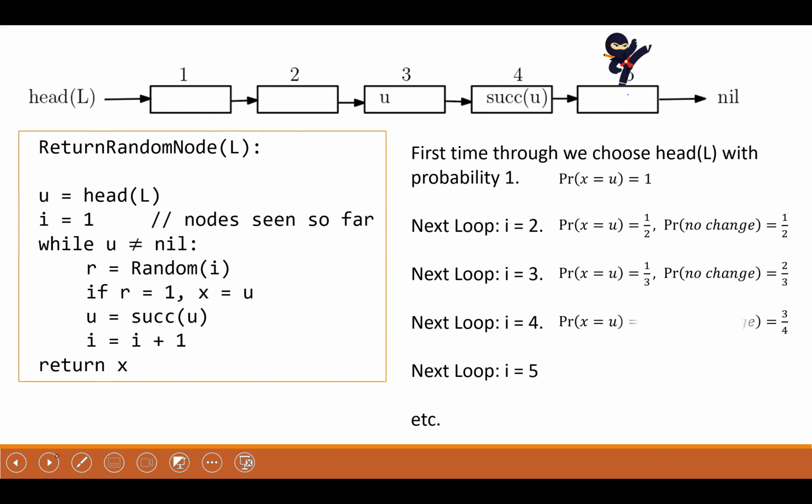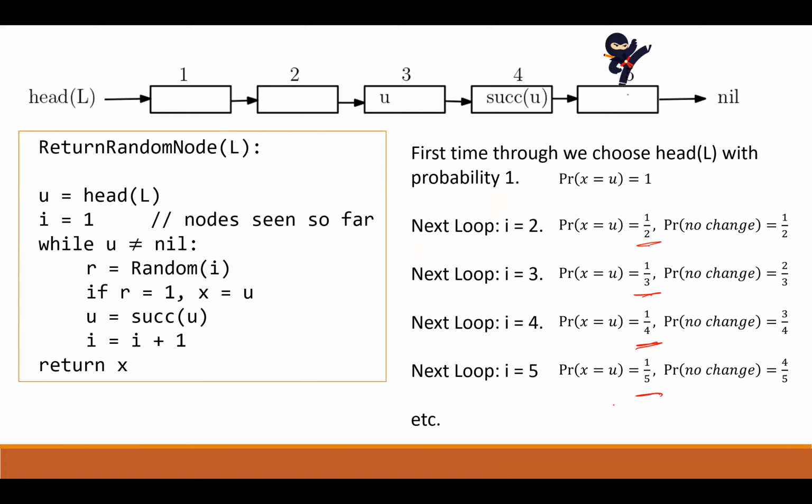So we lay it all out here. At each location, it gets progressively more and more unlikely that I'll grab that element. So 1/2, 1/3, 1/4, 1/5, and no change is 1/2, 2/3, 3/4, 4/5, and so on. Okay.